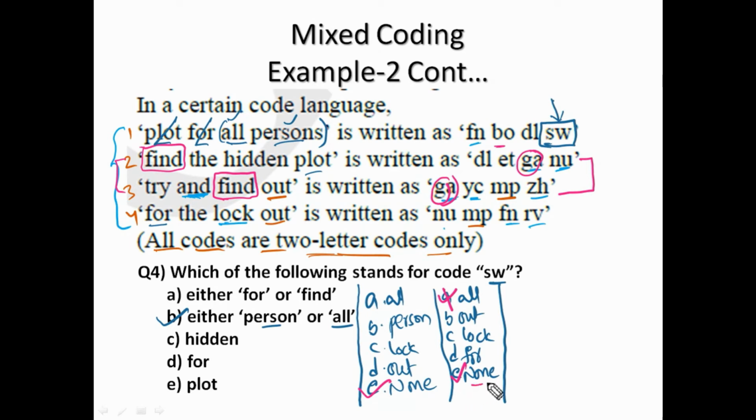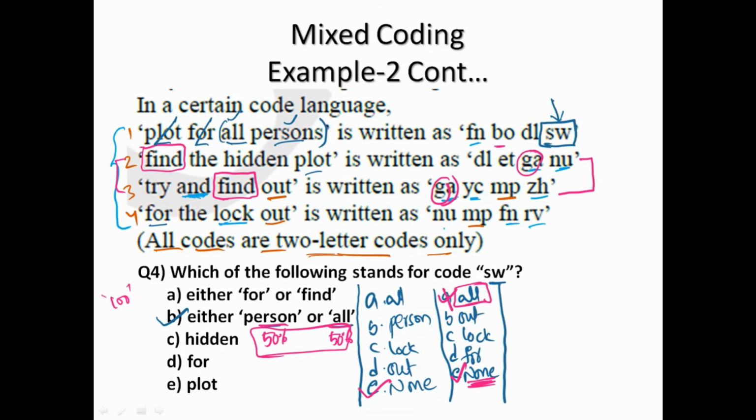Remember, all is not a 100% answer. It's a 50% answer. Your answer is either persons or all, so out of 100% probability, persons has 50% and all has 50%. Together it is 100%, but alone it is only 50%. So we have a chance, and that's why the answer should be none of these.